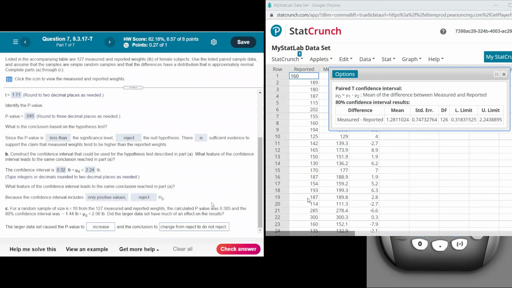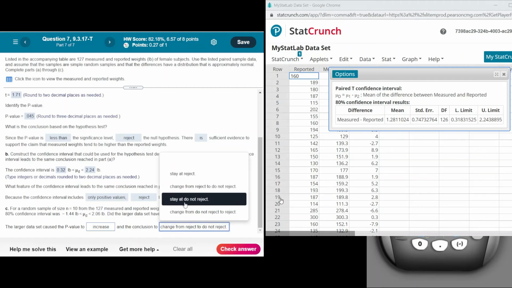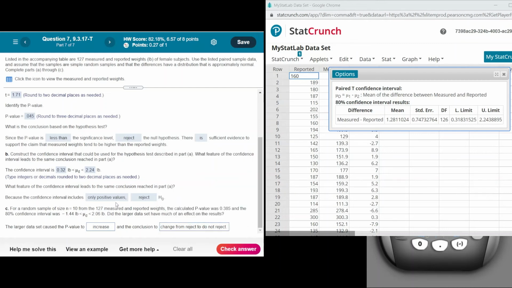Uh-oh. What did I do? The larger data set caused the p-value to... it increased. Okay, only positive values, so we reject. Okay, this includes 0.